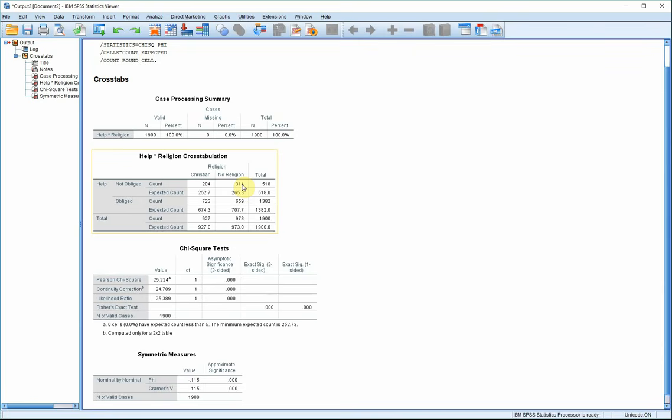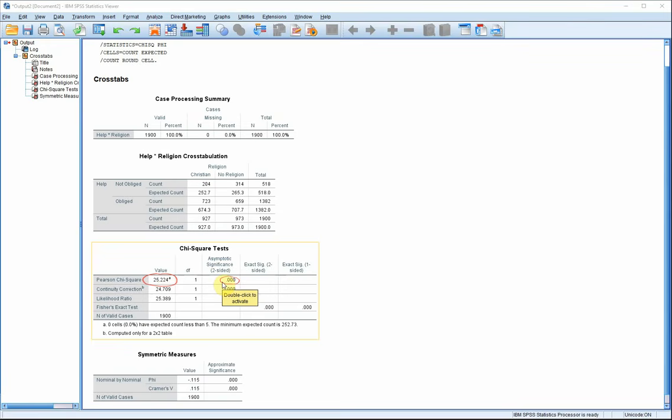The key issue here is whether the difference is big enough that we can be confident it didn't occur merely by chance. In other words, does the difference reach significance? And that's where the chi-square test comes in. So this is our chi-square test table, and it shows that we have a chi-square score of 25.224, which gives you a p-value, what they call here asymptotic significance, of 0.000.